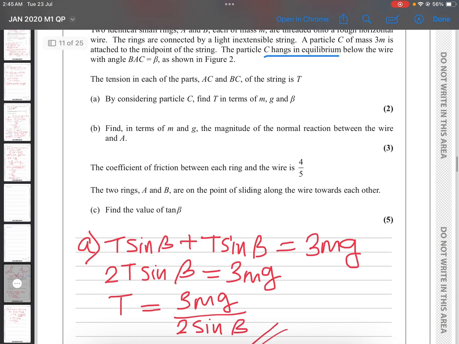Moving on to part C. The coefficient of friction between each ring and the wire is 4 by 5. The two rings A and B are on the point of sliding along the wire towards each other. Find the value of tan beta. Okay, so let's continue.